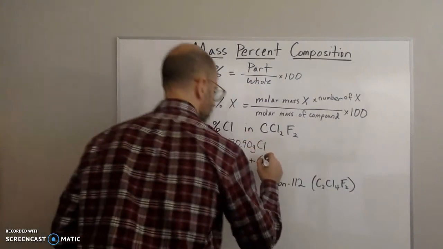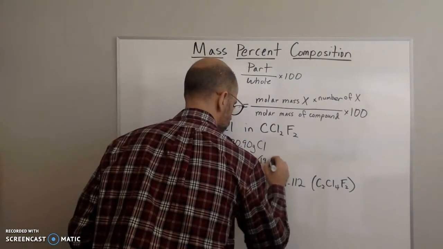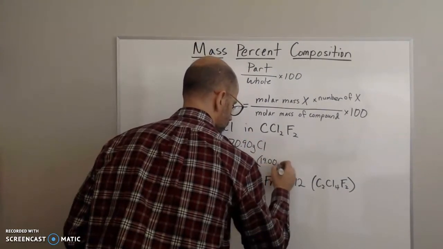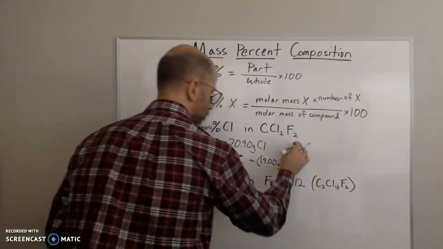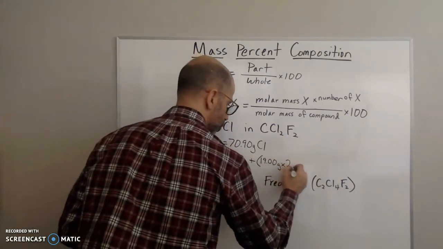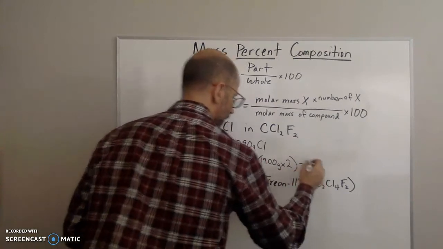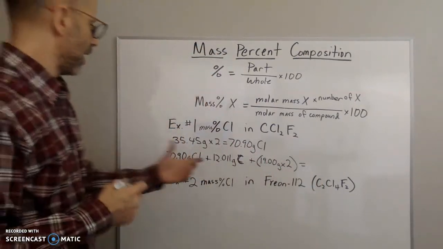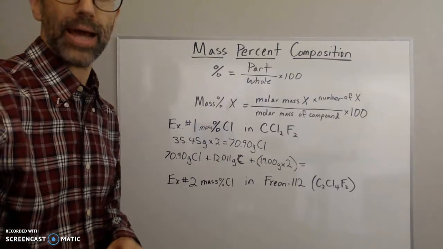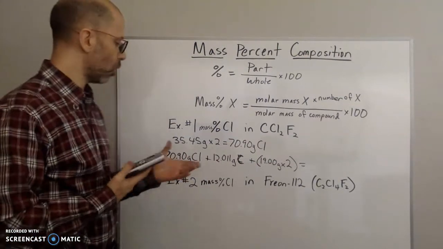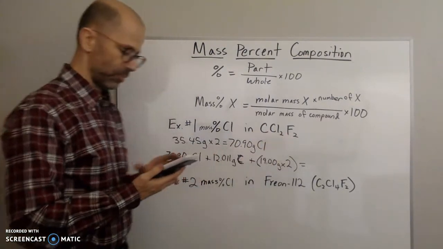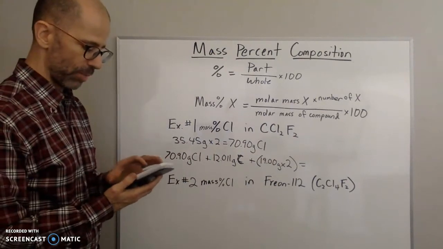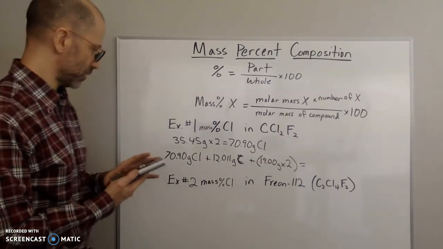So fluorine is going to be 19.00 grams. And I'm going to multiply that by 2 because I've got 2 fluorines. And then I add that together. And that's going to give me the total mass of 1 mole of my substance. So I'm calculating the molar mass of my substance.